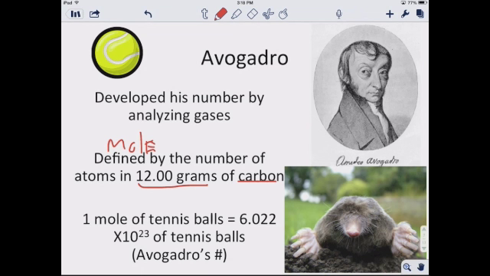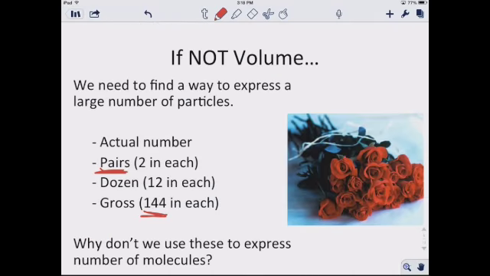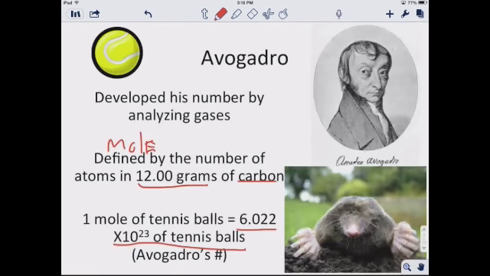So 1 mole of tennis balls is 6.02 times 10 to the 23rd tennis balls. That's Avogadro's number. Just like saying 1 dozen tennis balls, guess what? That's 12 tennis balls. Well, Avogadro's is just a bigger quantity. 1 mole of tennis balls is 6.02 times 10 to the 23rd power of tennis balls, which is an astronomical amount of tennis balls.